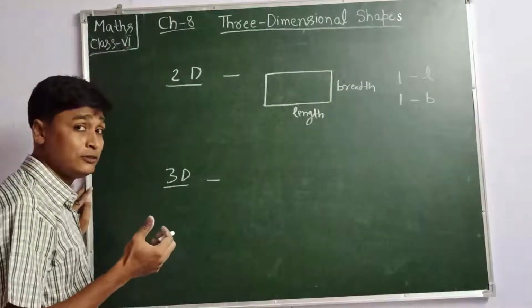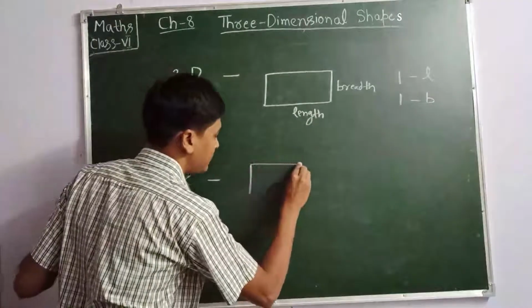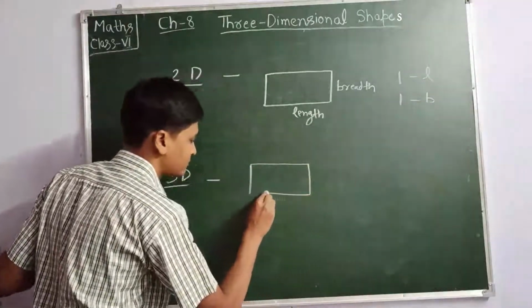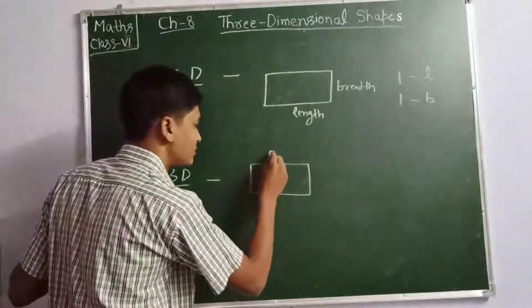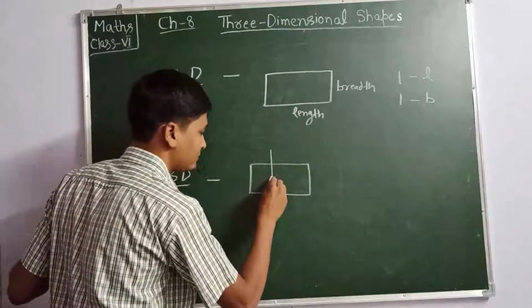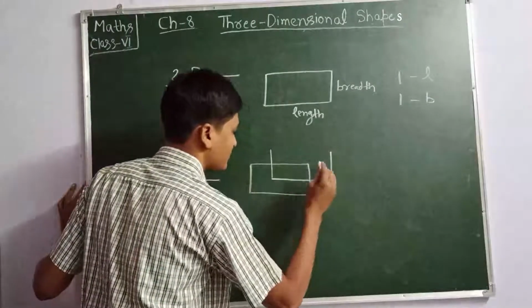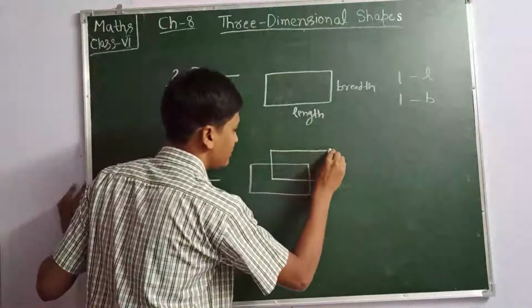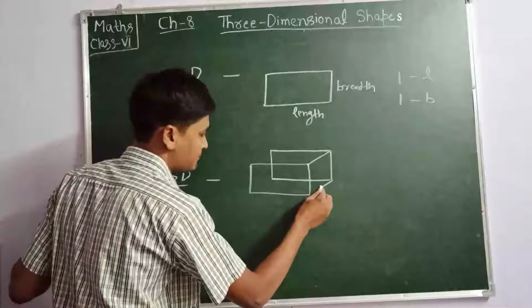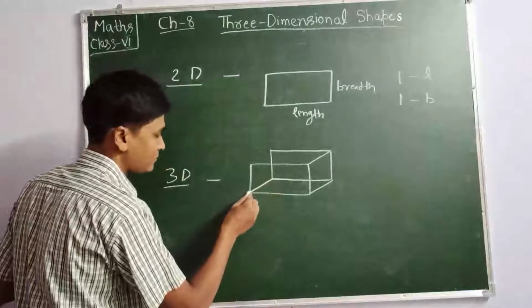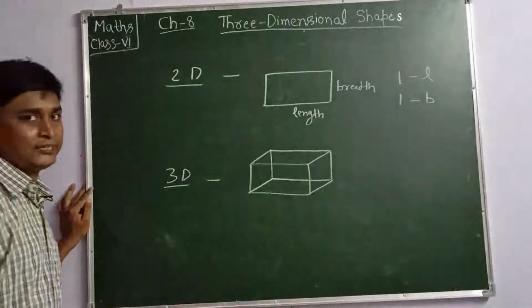What was the third one? Height. When we are giving height to this rectangle, and we join these lines, it will become 3D, 3-dimension.